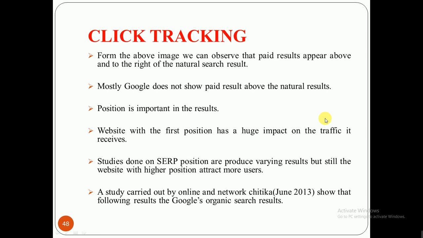So what this says is that Google will not provide unpaid search results in that way; maybe another search engine is providing this type of result. Position is important on the result page. Whatever position is available on the result page is important. If the position is top, you will get the maximum traffic on your website.